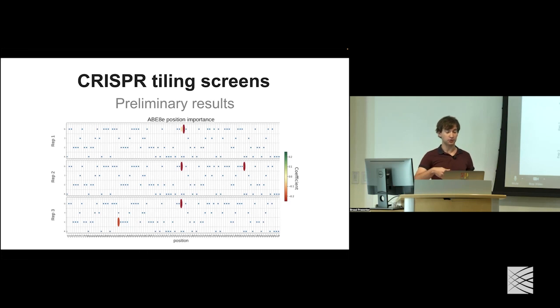And since we're using a base editor, in a world where the base editor could introduce all possible edits, at every position there are 3 possible edits you can make. And so that means that there are 3 coefficients that we introduce at each genomic position that encode the impact of making an edit at that site.